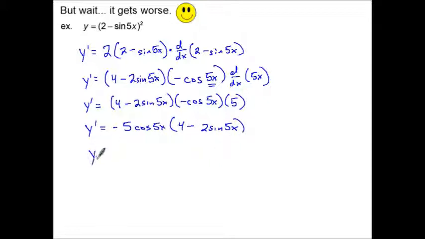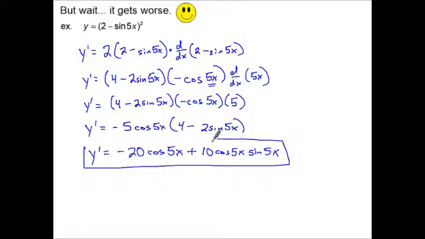Leading me to my final answer, as I distribute this, I get a negative 20 cosine 5x. Negative times a negative gives me a positive. 5 times 2 is 10, and then I've got a cosine 5x times the sine of 5x. And there is your triple composite function derivative.